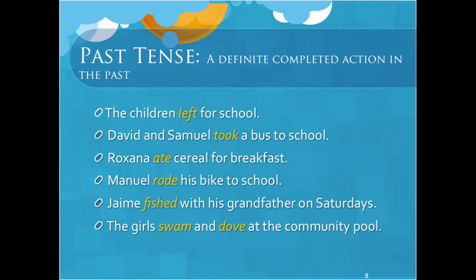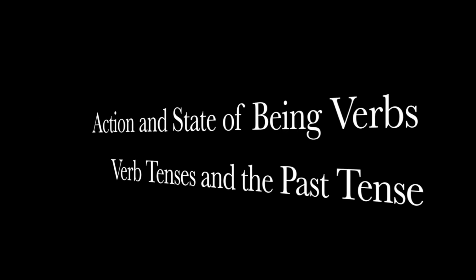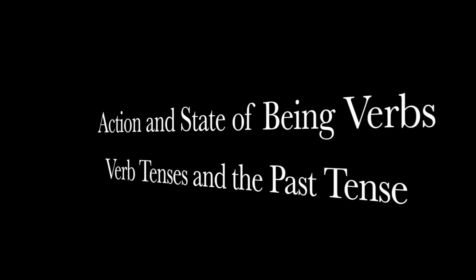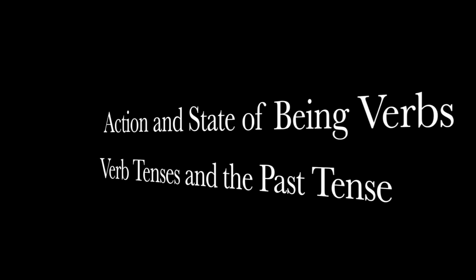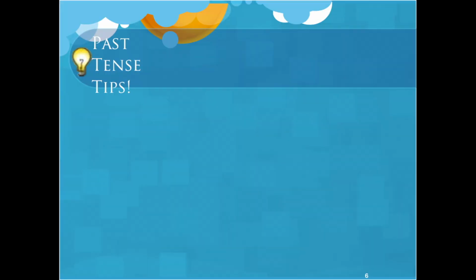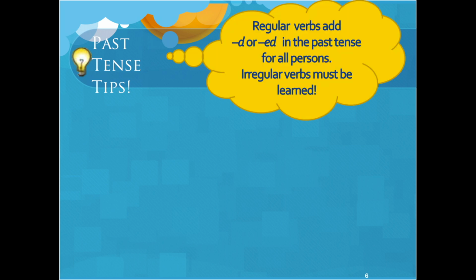So true. So, now that you know about action and state of being verbs, verb tenses, and the past tense, here are some useful tips. To form the past tense of regular verbs, you just add D. For example, baked, cared, filed, hated, liked, typed, or you add ed, as in asked, dialed, guessed, pulled, and viewed.